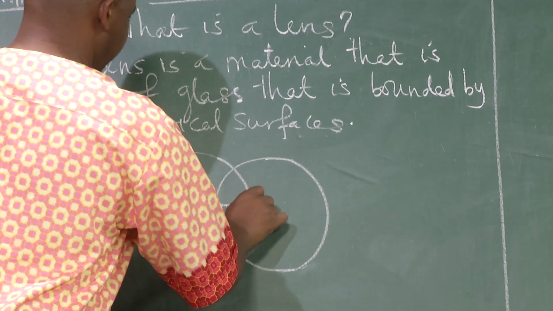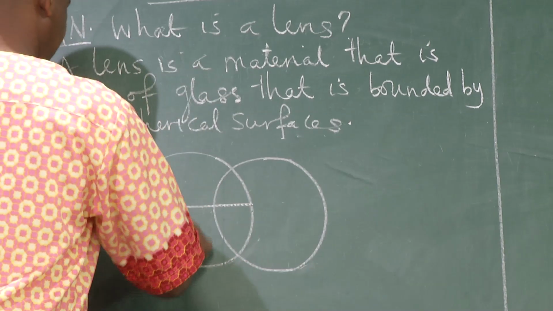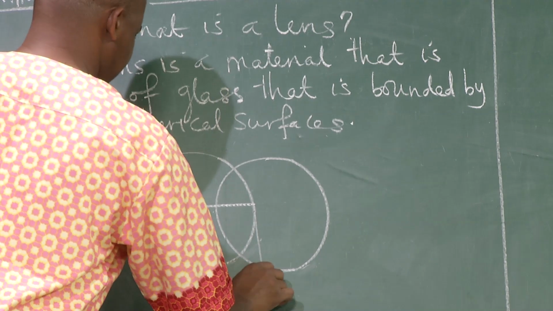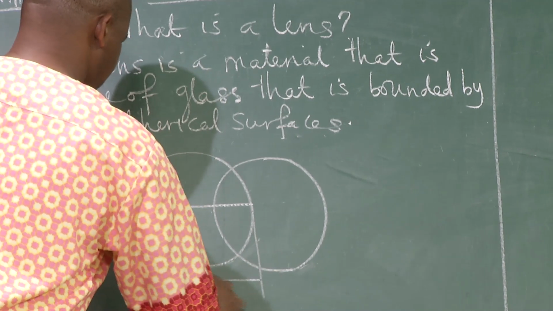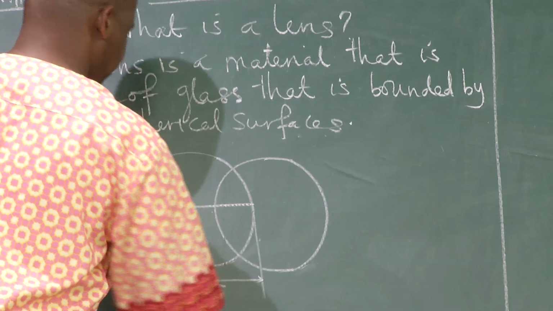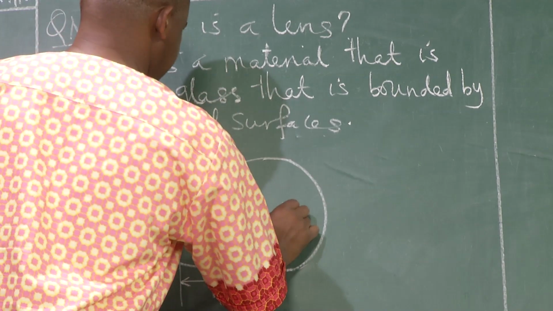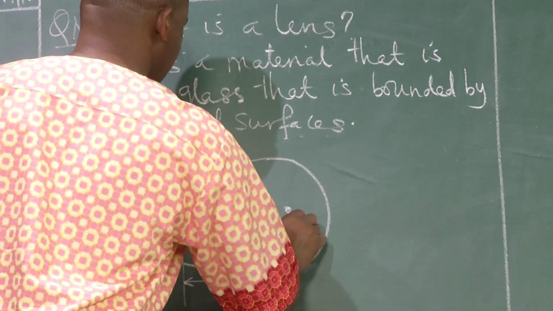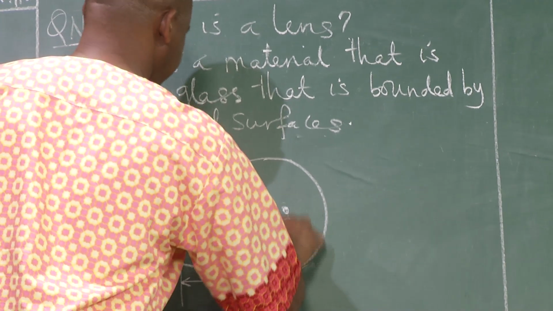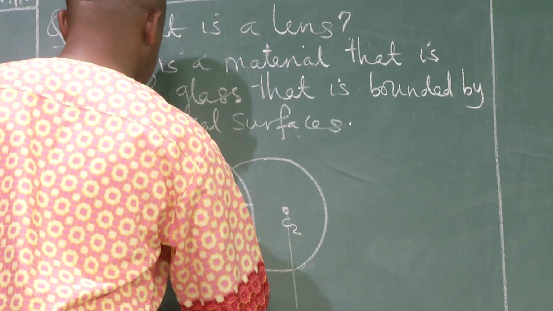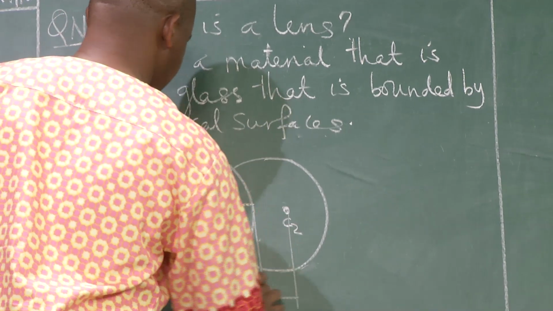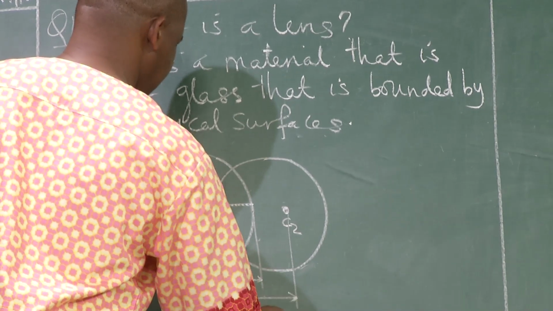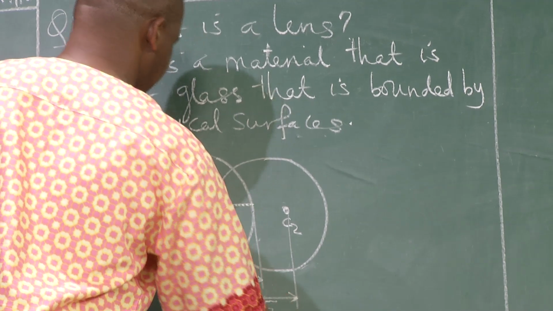And we know that for a circle, the distance from the center to the circumference is the radius. This can be called R1. Similarly, this circle here has a center. If it is circle 2, its center is C2. Again, the distance from its center to the circumference on one side is the radius, and we can call this R2.